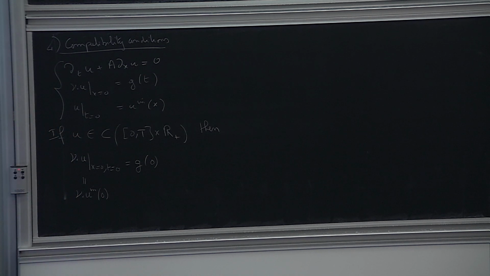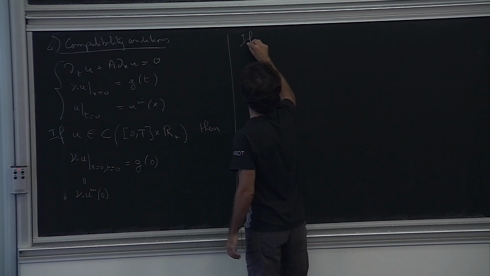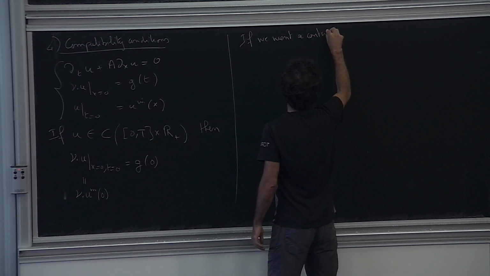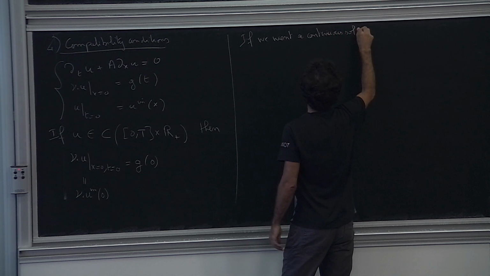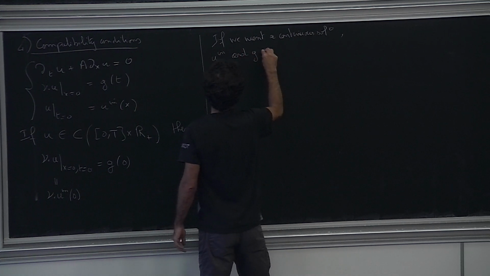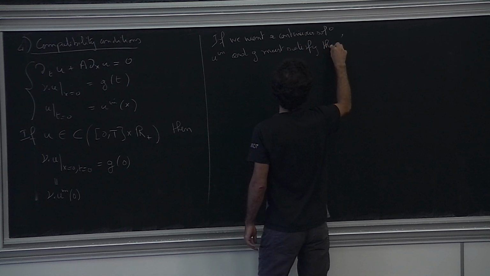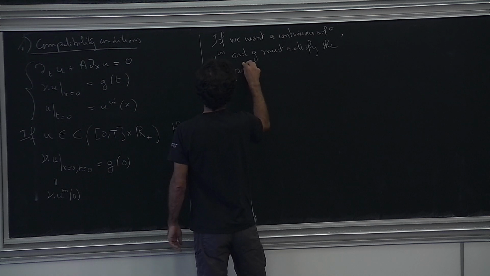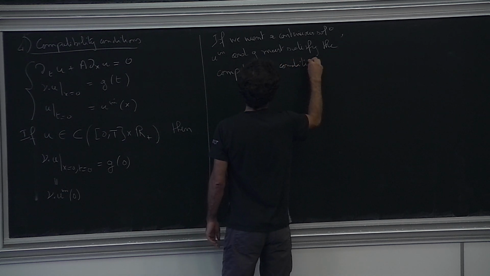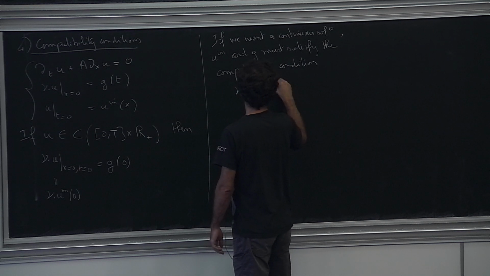So if you want to obtain a continuous solution up to the corner, u in and g must satisfy the compatibility condition, which is nu dot u in 0 is equal to g0.